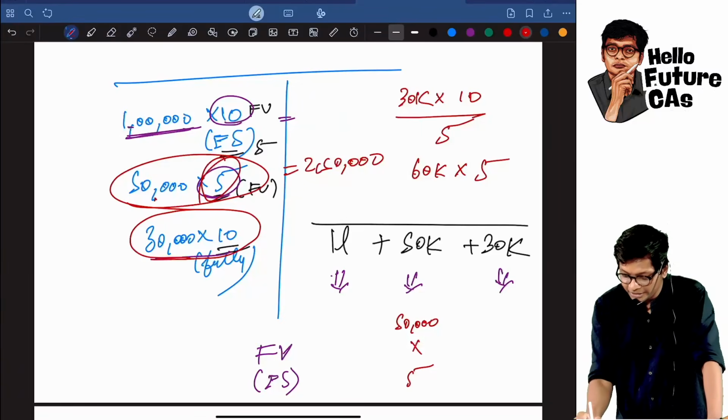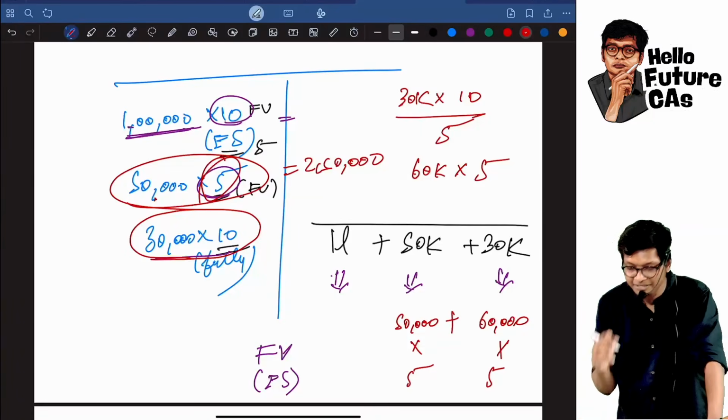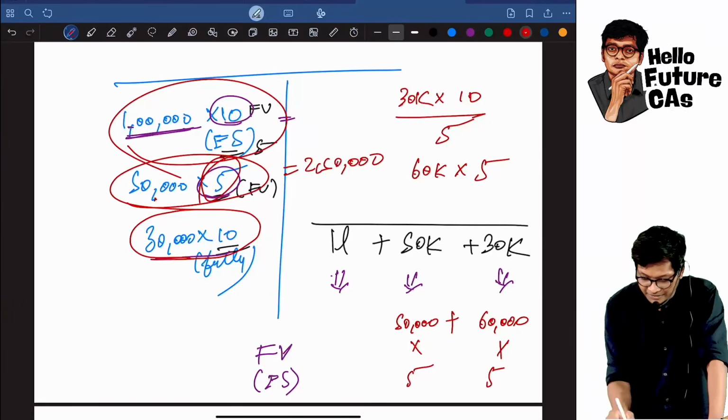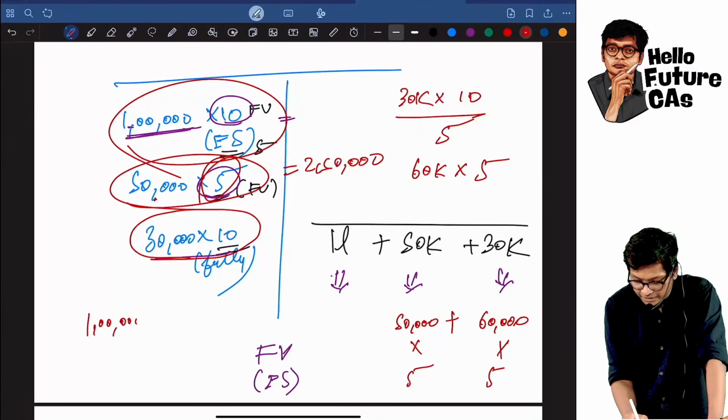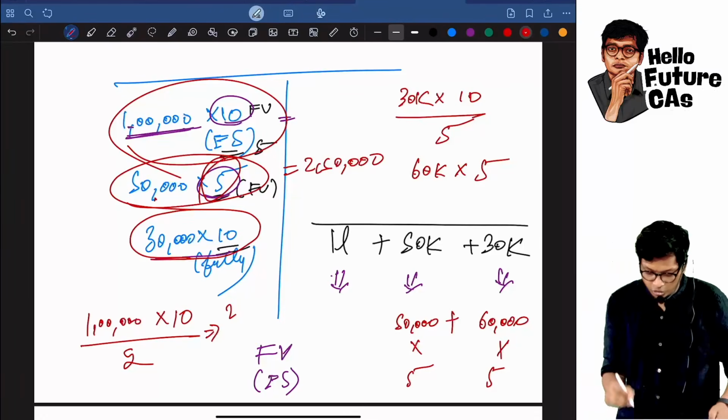Correct? So here I will write 60,000 into 5 plus this last one which we started off. It will be 1 lakh into 10 by 5. How much are you getting? No. You should not do it like this.